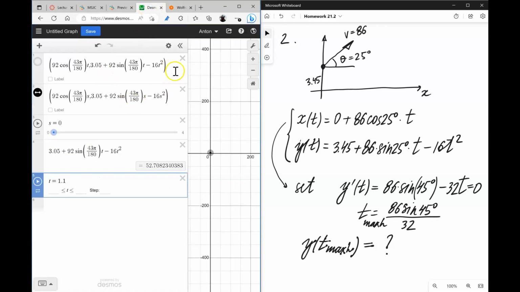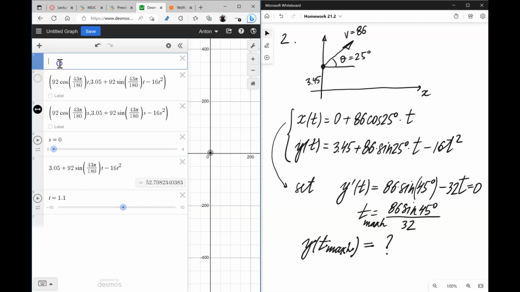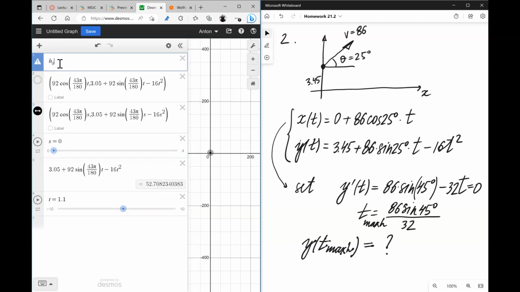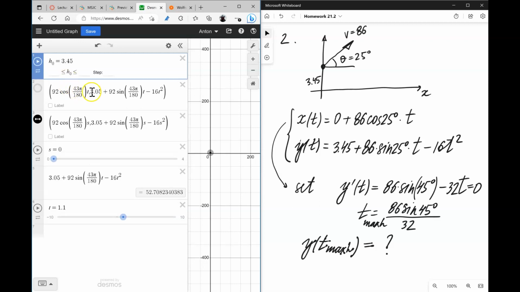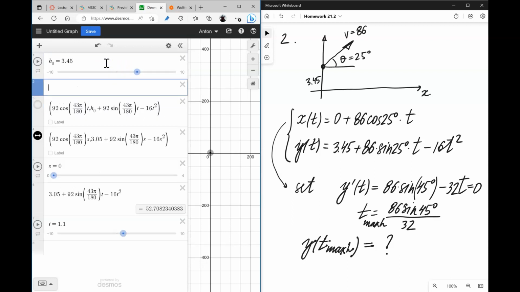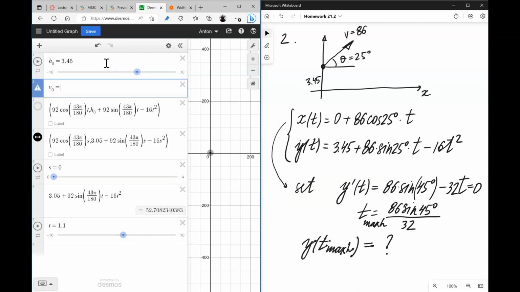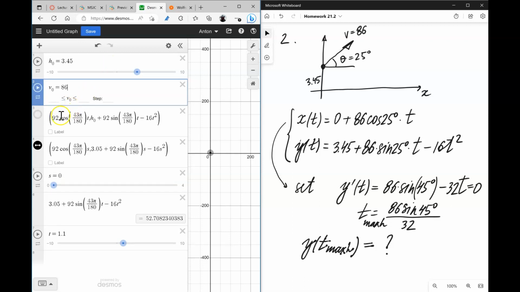However, I'm going to use technology. Now that I'm using technology, I kind of want to use it to the max of its ability. So we have the initial height, which is 3.45, and it goes right over here. We have the initial velocity, 86, and it goes right over here.